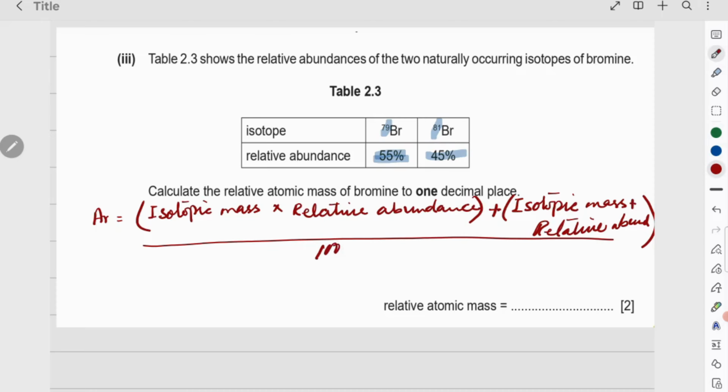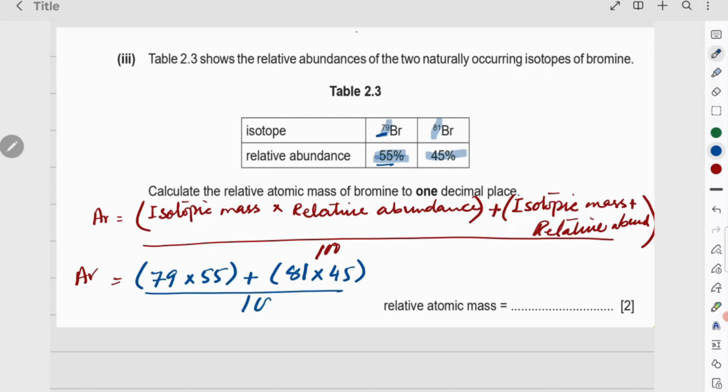This is the formula. Now we have to calculate the atomic mass. For 79 we have 55%, isotopic mass is 79, multiplied by 55, plus isotopic mass 81, multiplied by 45, then divided by 100.